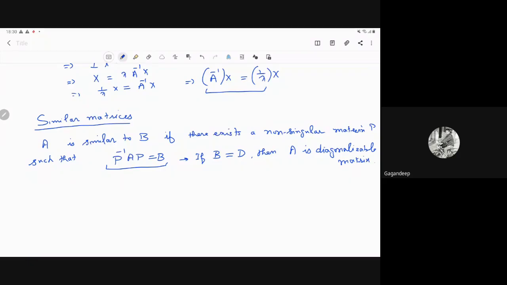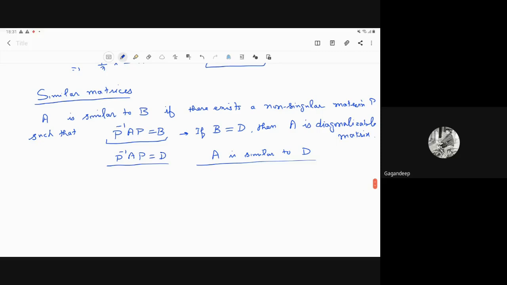A is diagonalizable if you can find a non-singular matrix P such that P inverse AP equal to D, where D is a diagonal matrix. If this happens, then, or you can say A is similar to some diagonal matrix. It's the same thing, similar to D. If A is similar to some diagonal matrix, then A is called diagonalizable matrix. Okay.